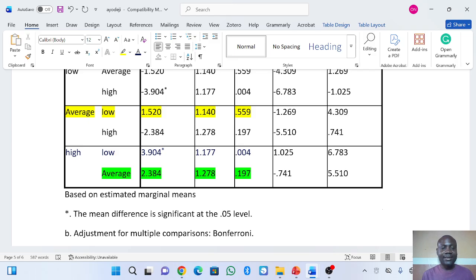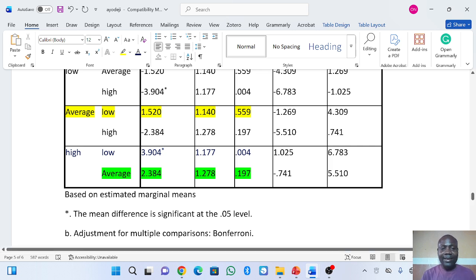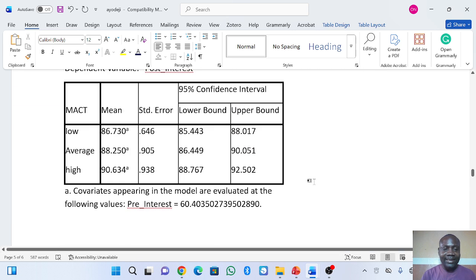That's where it is. So average students with average level of mental ability, the people with high mental ability interest may differ. Look at it here, there's a difference.